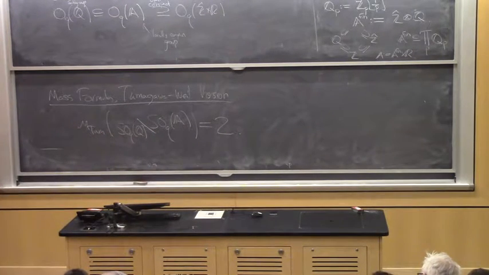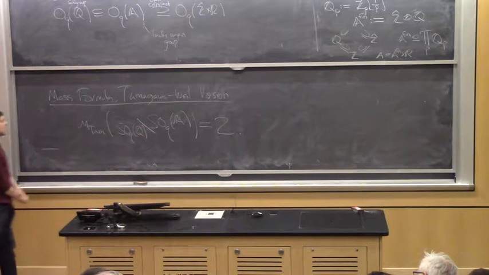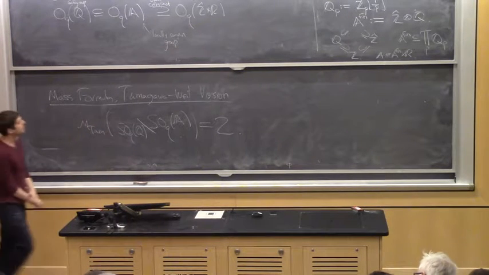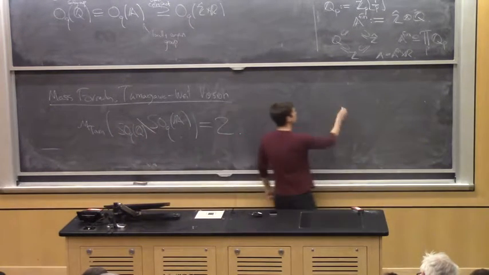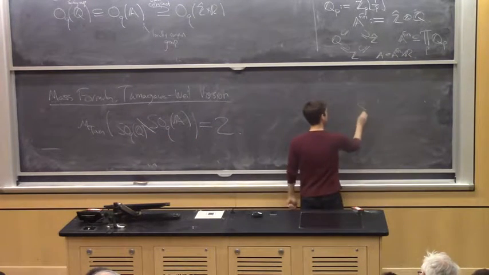But you still might complain that there's something mysterious here, which is what's up with this random quantity on the right-hand side? Where does the number 2 come from? Turns out that the number 2 comes from the fact that the special orthogonal group is not simply connected.